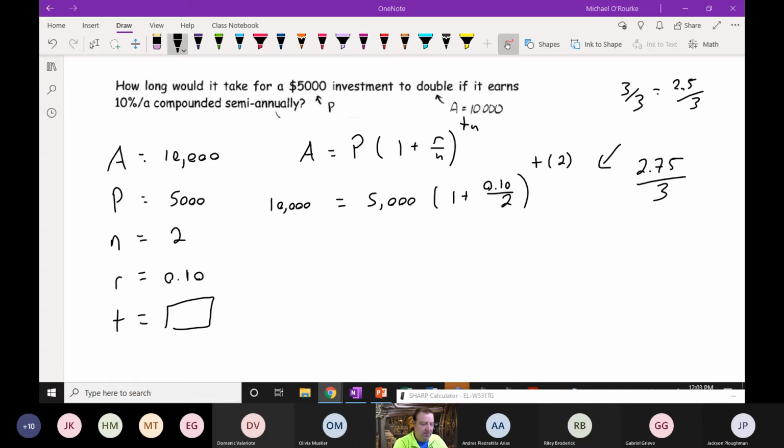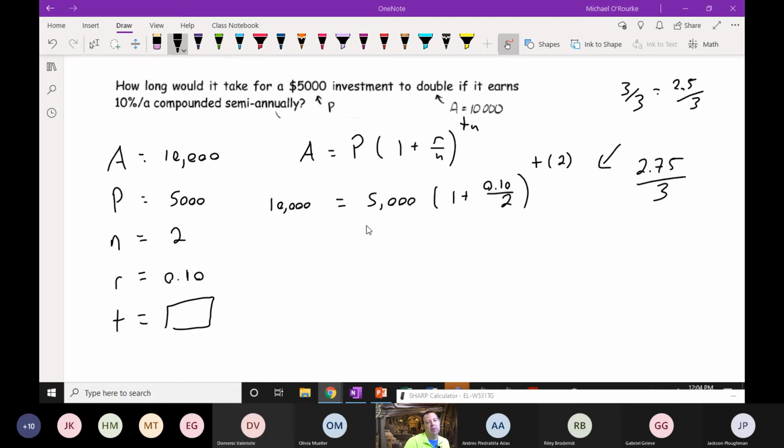Oh. Oops. 10%. Getting an error for some reason. All right.